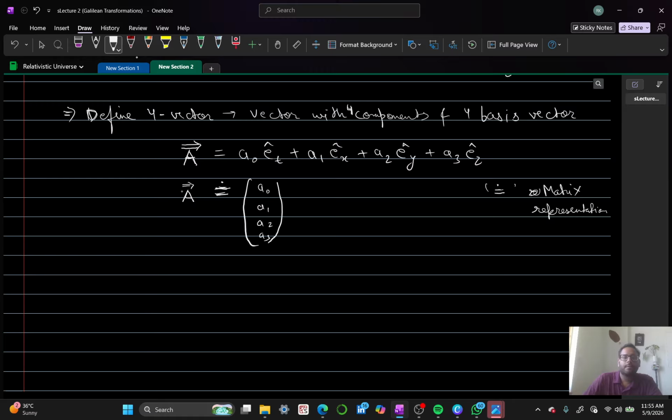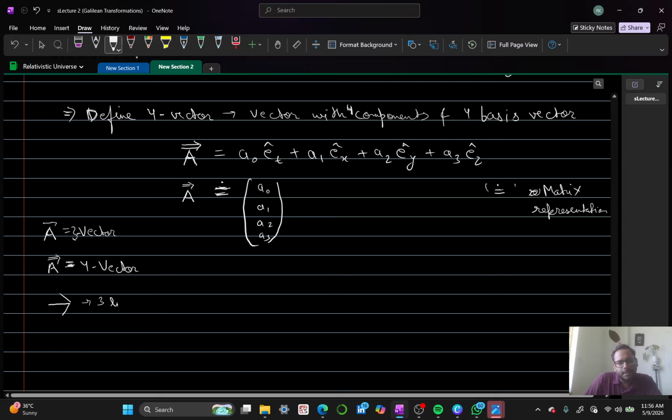So what is the difference between this arrow and this? This is a three vector. This is my four vector. This is not actually a standard notation, but I am defining this one. Why have I defined it like this? Because when you construct an arrow, you will need three lines at most.